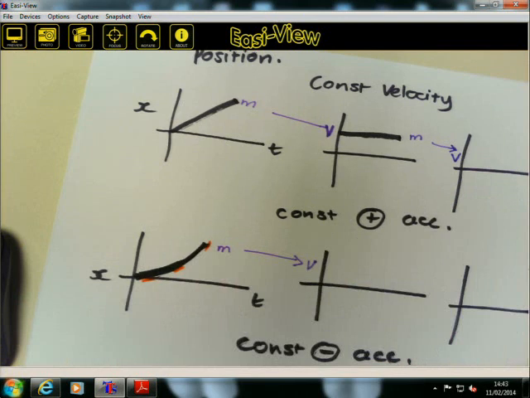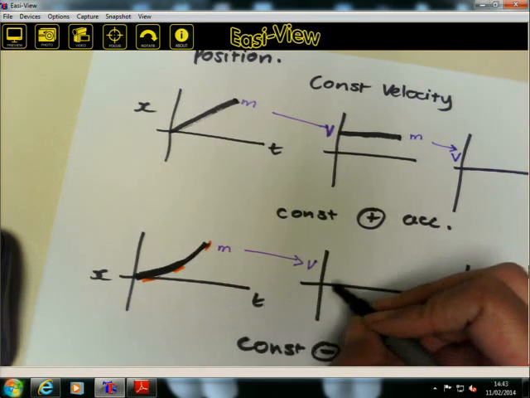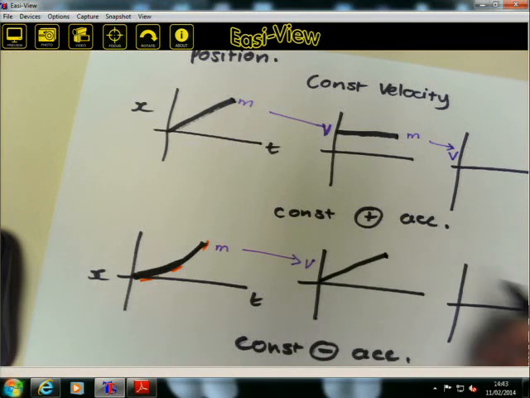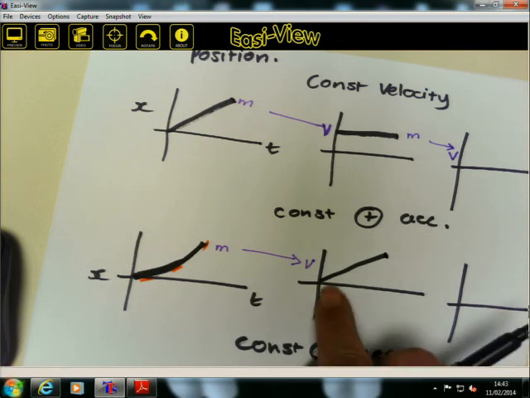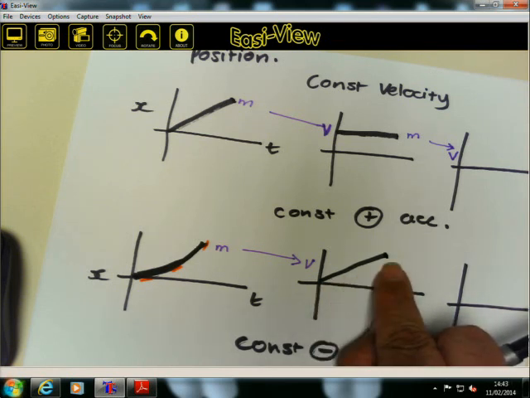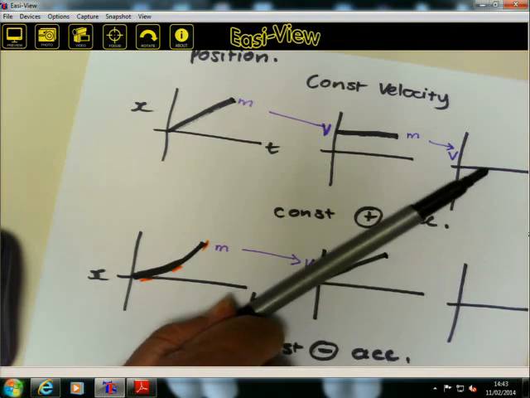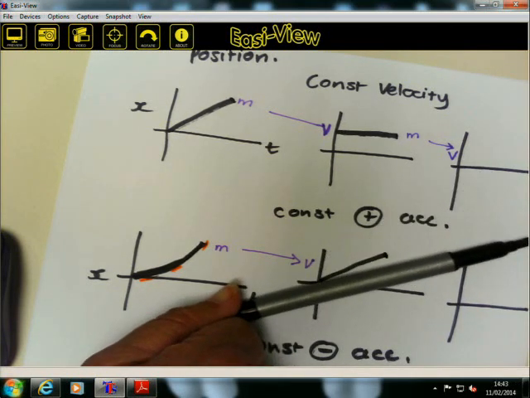Then they said to us, if we have constant positive acceleration, we will have a graph with a positive gradient, something like that. Right. You can see the gradient is positive. The steeper the graph, the higher the acceleration. The flatter the graph, the lower the acceleration.